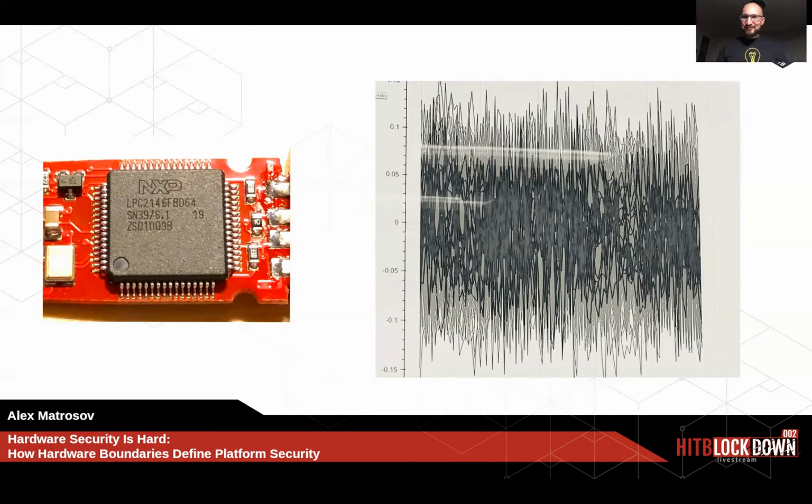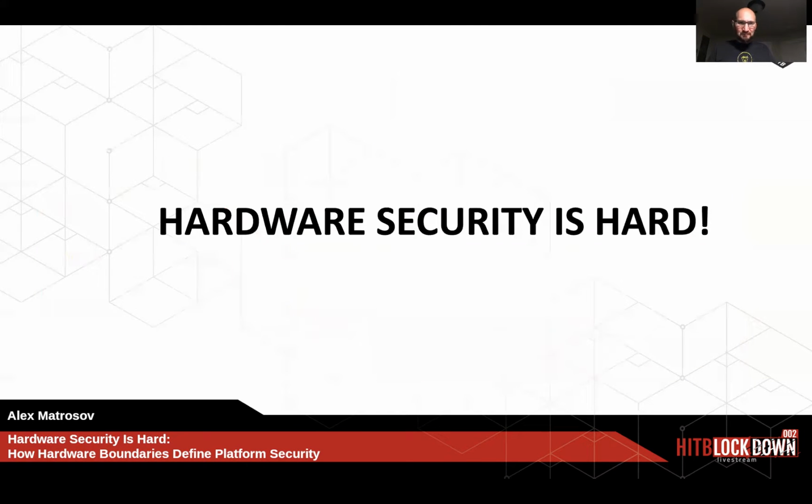So a very interesting chip to be used in a security dongle, right? This is why I say we have a lot of different problems across different devices, which make hardware security hard. And we need to understand the full picture of your threat model and security requirements.